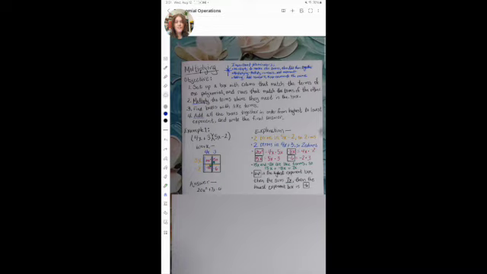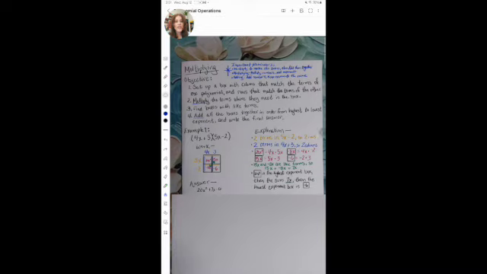So the first one says multiply to make the boxes. That's what we did first. And then add them together. So people every year always get that order mixed up. So having that there might be helpful. Multiply to make the boxes, add them together.